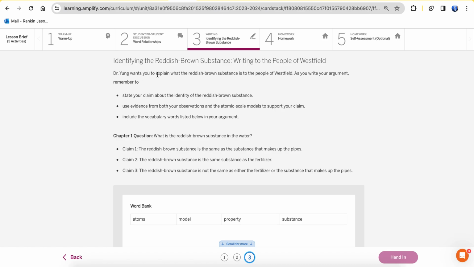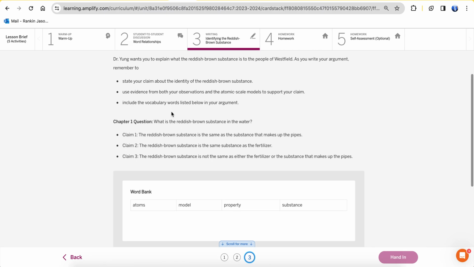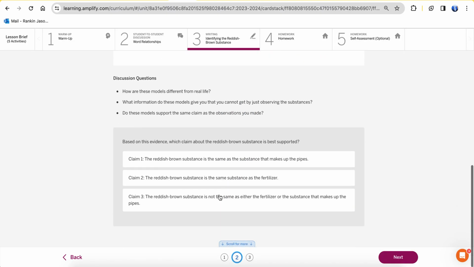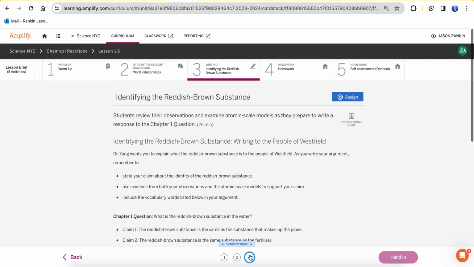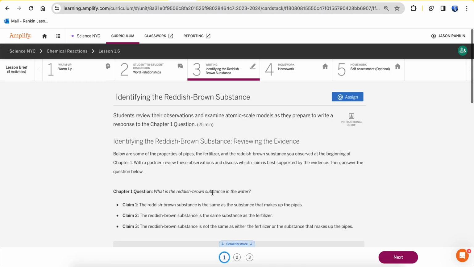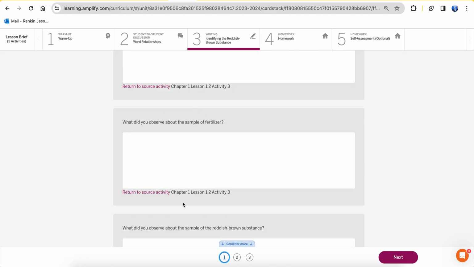Okay, here we go. Dr. Young wants you to explain what the reddish-brown substance is to the people of Westfield. As you write your argument, remember to state your claim about the identity of the reddish-brown substance. Your claims are here. It's claim 1, claim 2, or claim number 3. Use evidence from both your observations and the atomic scale models. Page 1 is your observations.